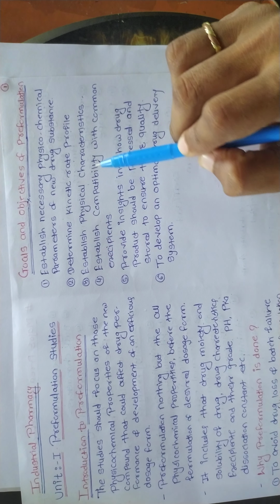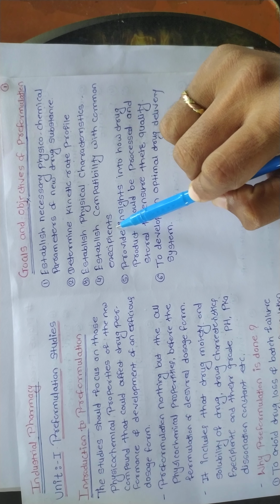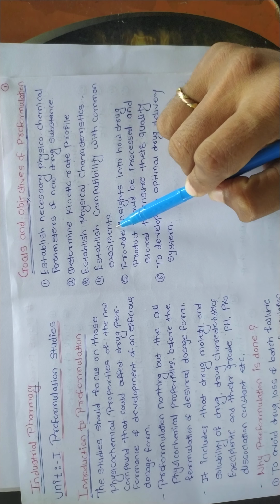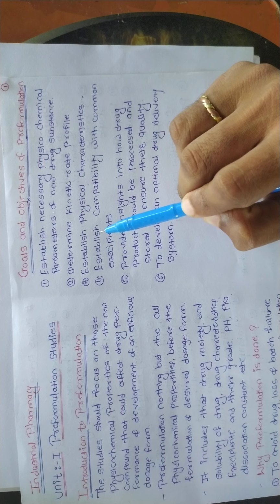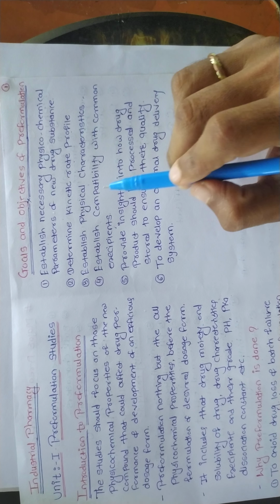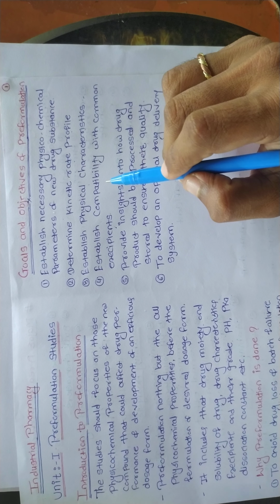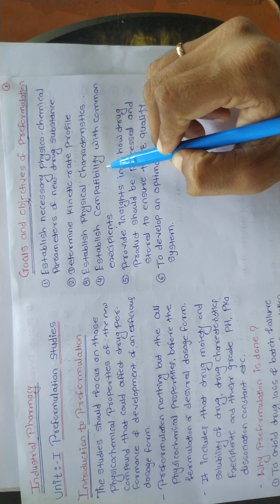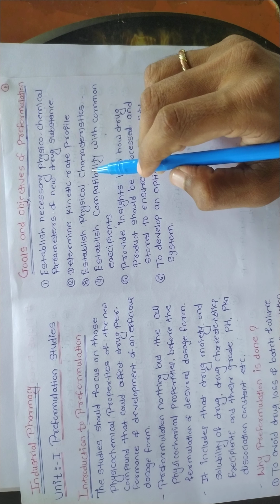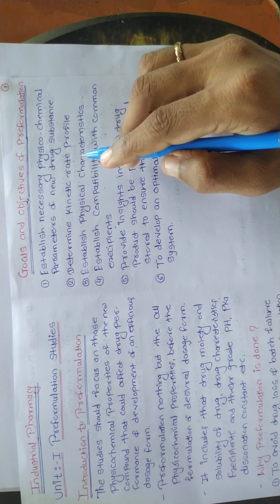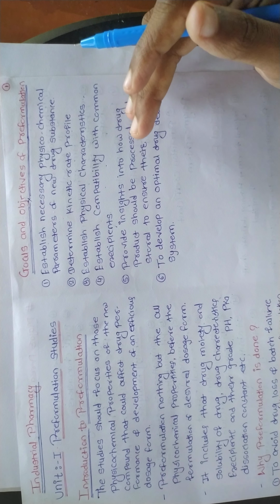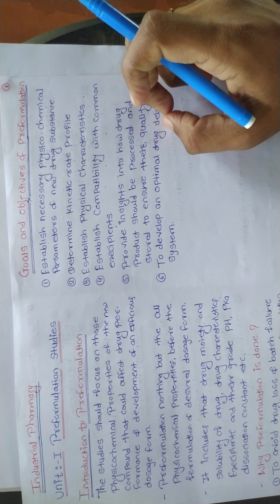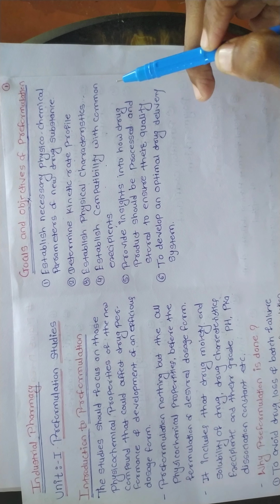After that, establish compatibility with common excipients. This is a very important thing: to establish compatibility studies. In what percent is your drug compatible with your excipients, and for what period of time is your drug stable with your excipient and gives the desired pharmacological effect.